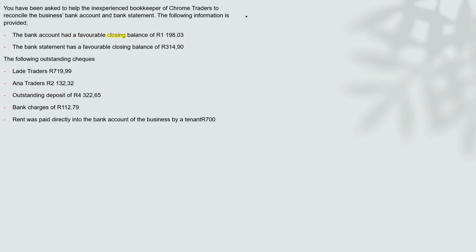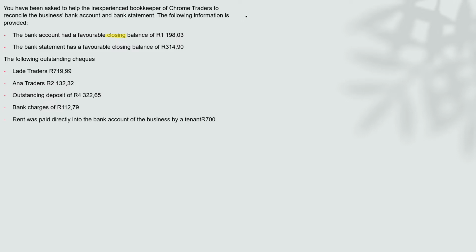Then when you say opening balance, that means you're talking about the balance on 1 July. In this case, the question was referring to the balance at the end of July. That's why I changed it to closing balance. Because if you try to reconcile using the opening balance, it won't reconcile.